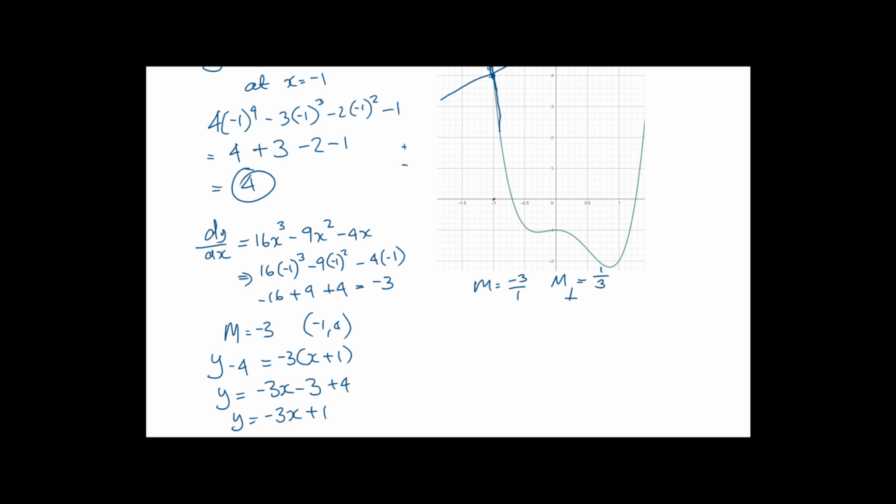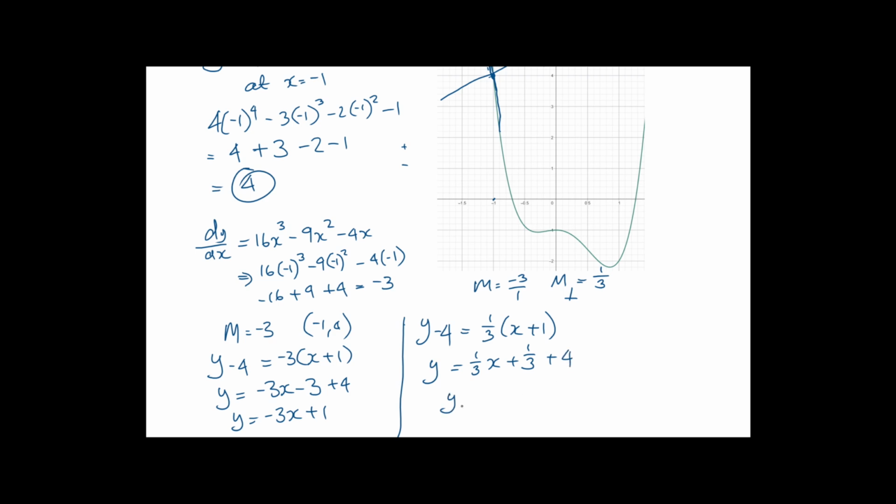And the equation for the normal, the line that cuts this line at 90 degrees, is going to be y minus 4 again equals 1/3 (x plus 1). So y is going to be equal to 1/3 x plus 1/3 plus 4.